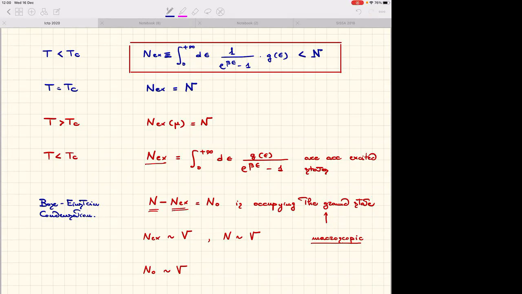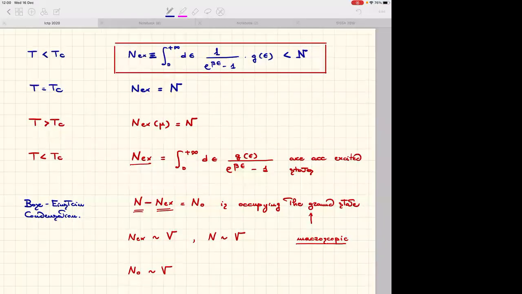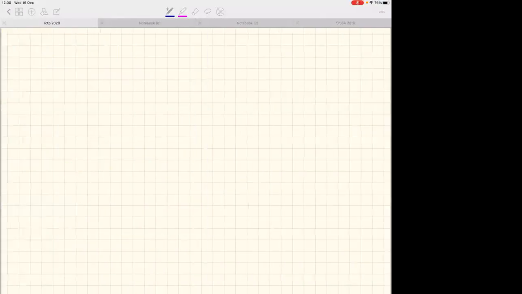So look, let me show you the difference. For T greater than Tc, what is the number of particles that occupies something with momentum P? Well, it is 1 over e to the beta epsilon P minus mu minus 1, right?